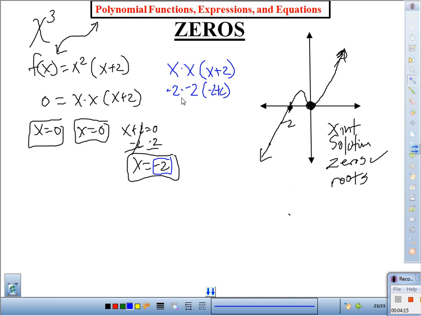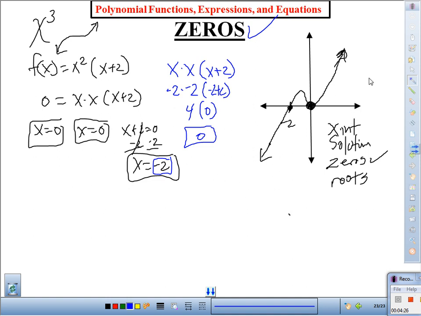So let's see. Negative 2 times negative 2 is 4. What is negative 2 plus 2? 0. What is 4 times 0? 0. So what does that give me? A 0. That's why these are called zeros. So what would happen if I substitute these? It's going to give me what? 0. Any questions with 0?